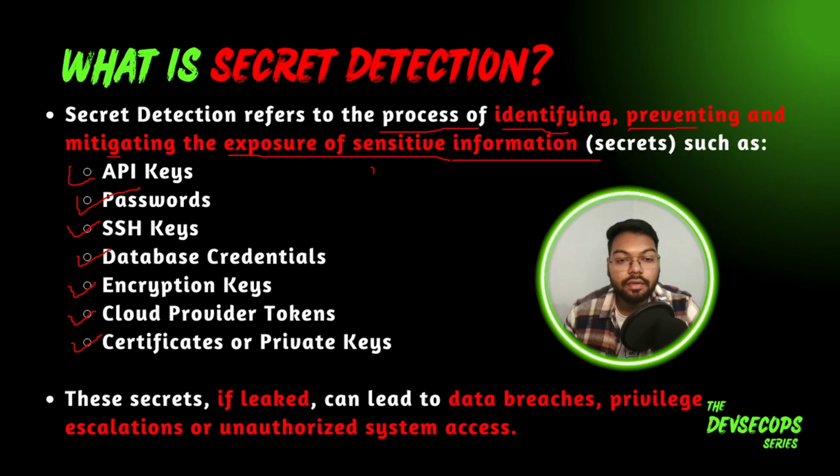These are the different sensitive keys or information that you have in your organization when we only talk about development work, not anything else apart from that. So these things must be protected.